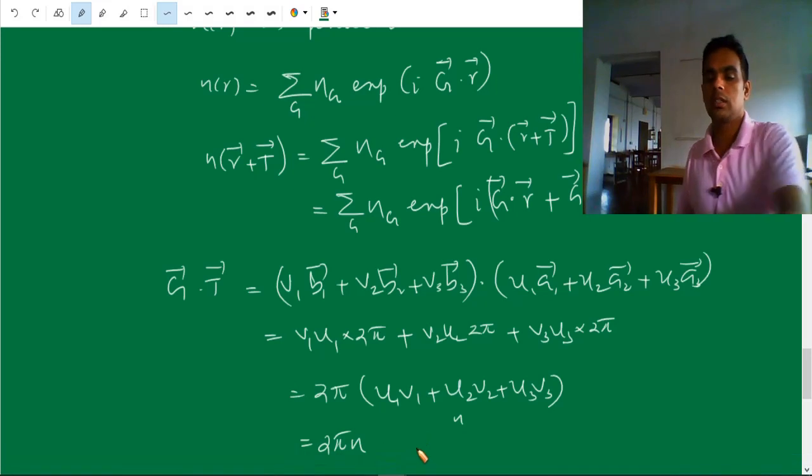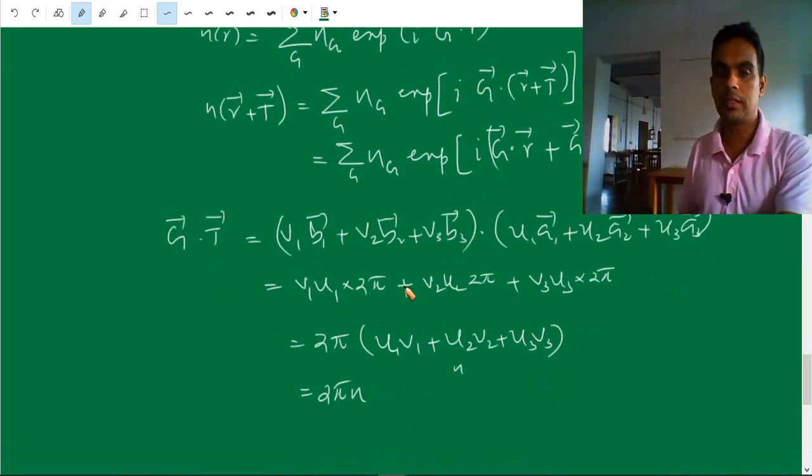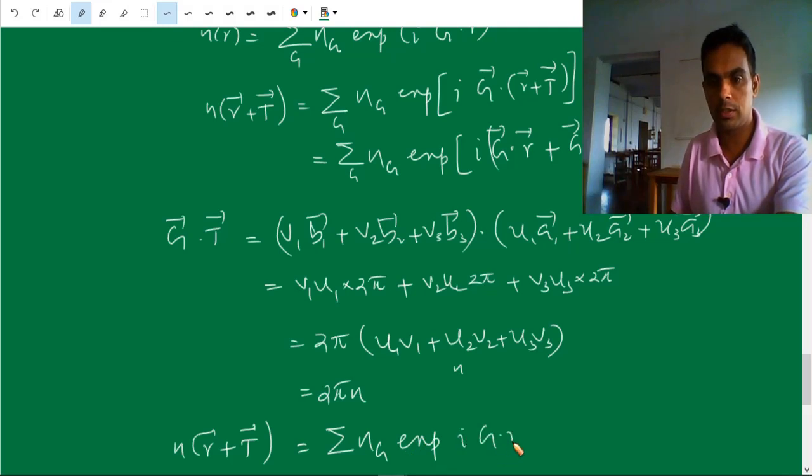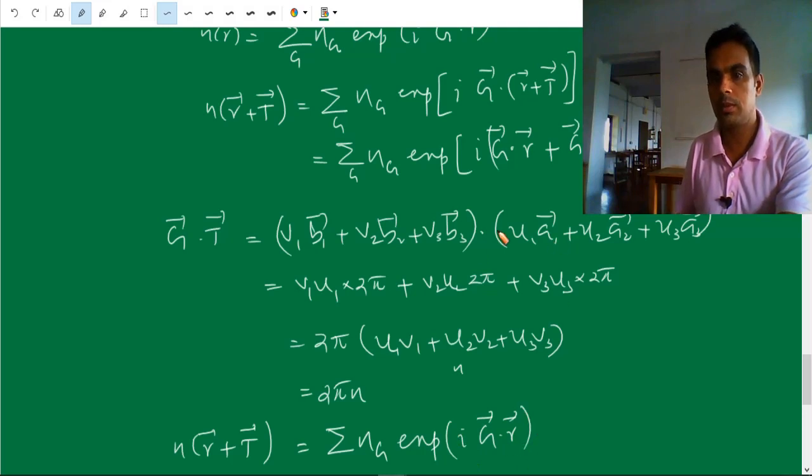Therefore we can write n of r plus T as the sum of n_G exponential i G dot r into exponential i 2 pi n, using exponential a plus b equal to exponential a into exponential b.